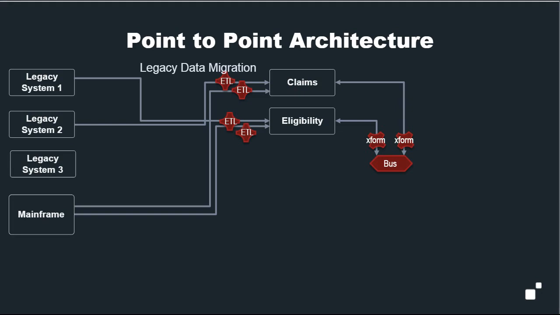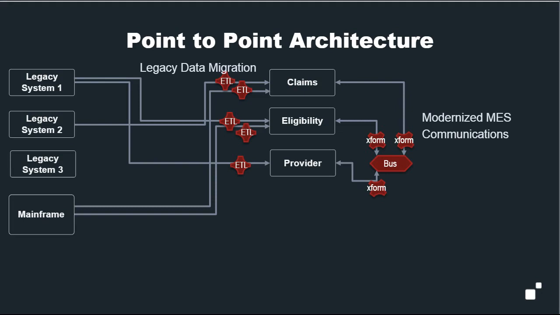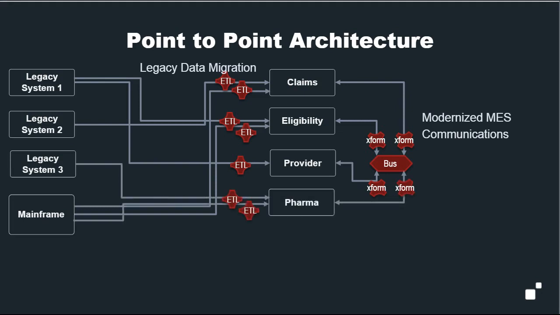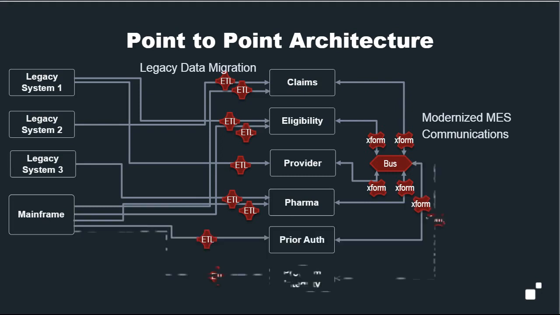Now, as this grows, and you have both your migration path and your modernized path, you get more modules, maybe 5, 6, 7 modules, and they all bring with them more data movement, more data transform, and it becomes messy. It becomes hard to, the word we often use is, govern.